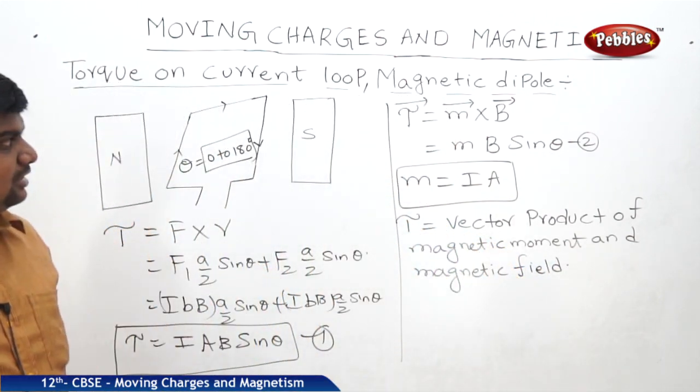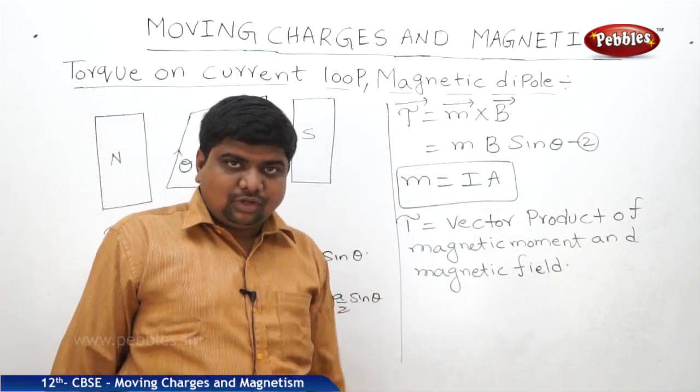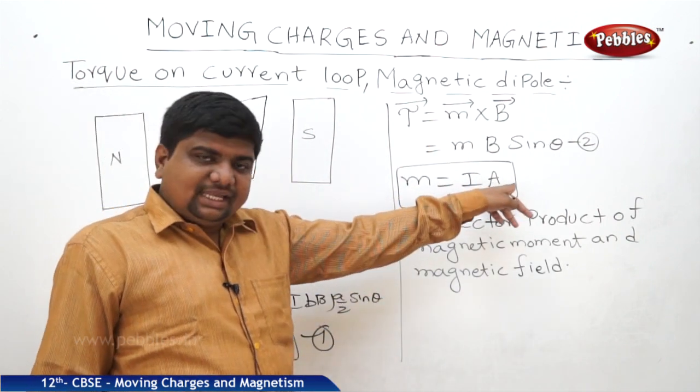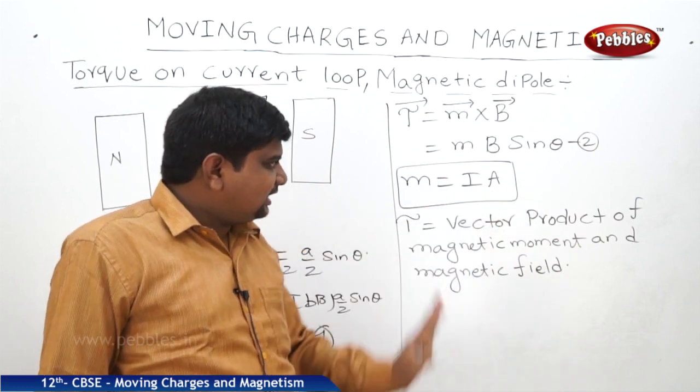So tau is equal to M cross B, which is equal to MB sine theta. Therefore, M is equal to IA. This M is equal to IA is the expression for magnetic moment.